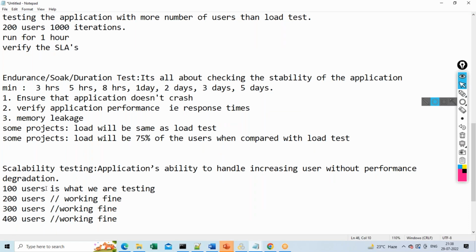Here 100 users, what we are testing for load test, you can also call it a 100% load test. This you can call a 200% load test, this a 300% load test, and this a 400% load test.